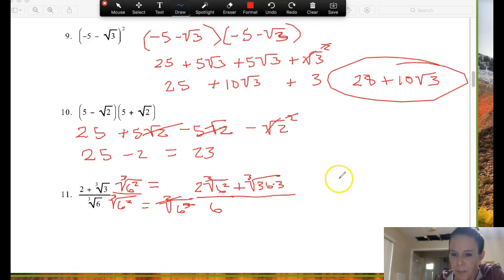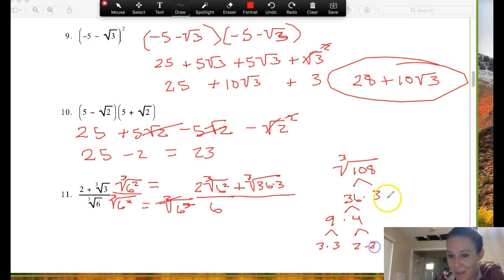What about this right here? 36 times 3, let's look at that cube root over here. Well, 36 times 3 is 108, which we know breaks into 36 times 3. And 36 we just did is 9 times 4, and that actually breaks into 3 times 3, and then 2 times 2. And we have a 3 here.